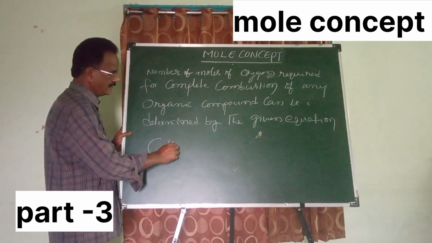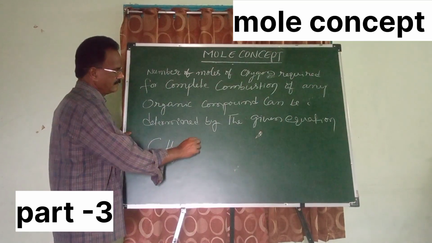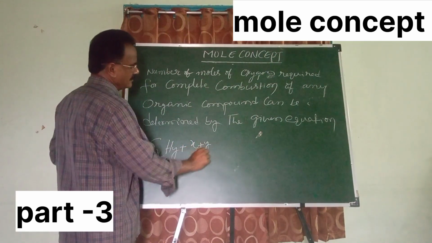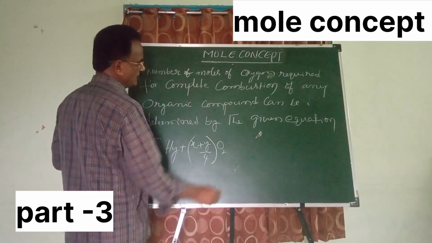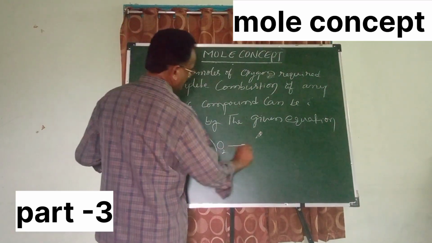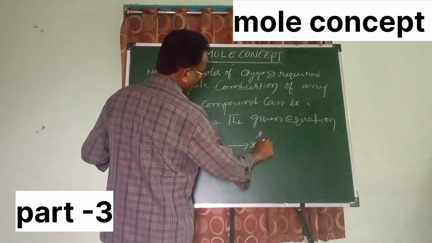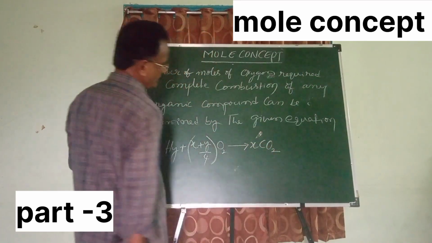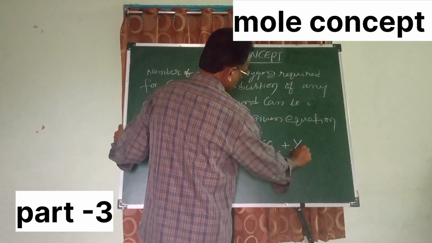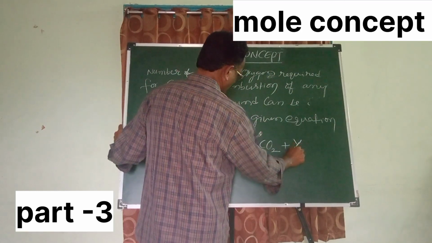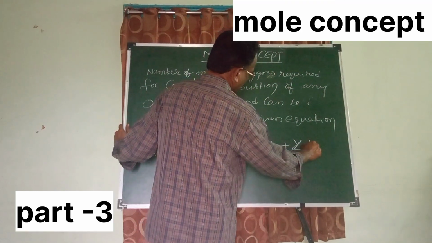CxHy plus (x plus y by 4) O2 gives rise to xCO2 plus y by 2 H2O.